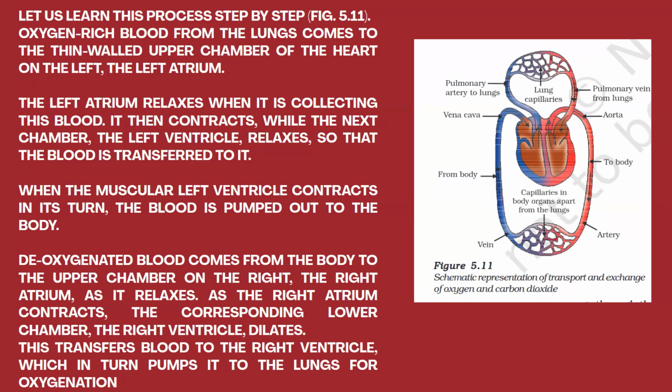That carbon dioxide is carried by veins from the body parts to the vena cava, then to the right atrium, from the right atrium to the right ventricle, and to the pulmonary arteries, which carry the deoxygenated blood from the heart to the lungs, and there the carbon dioxide is removed from the lungs. Later, again, whenever you inhale, oxygen mixes with the blood and reaches the heart again. The same continuous process takes place here.